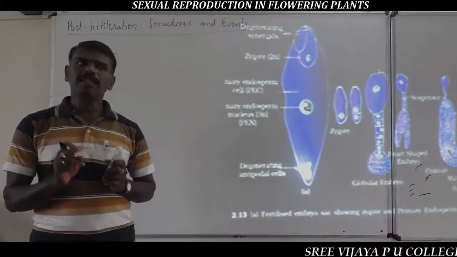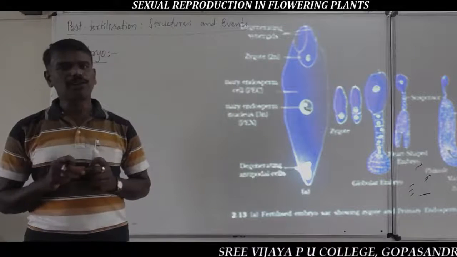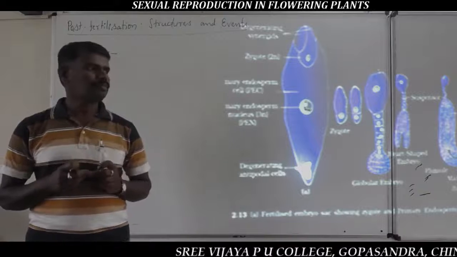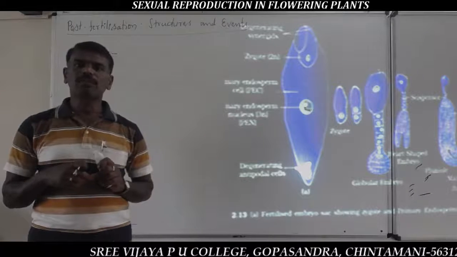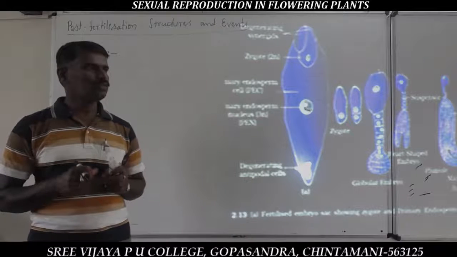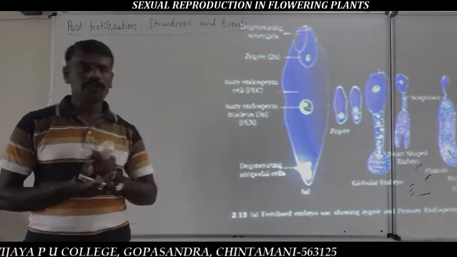This primary endosperm cell leads to formation of endosperm. As we discussed, the endosperm is a nutritive tissue as it supplies food for the developing embryo.